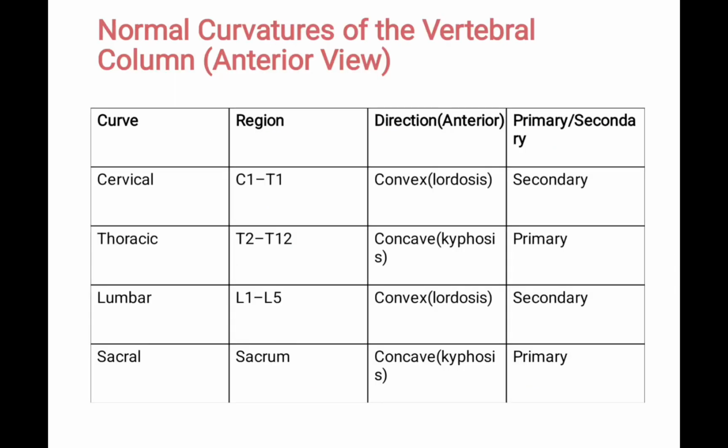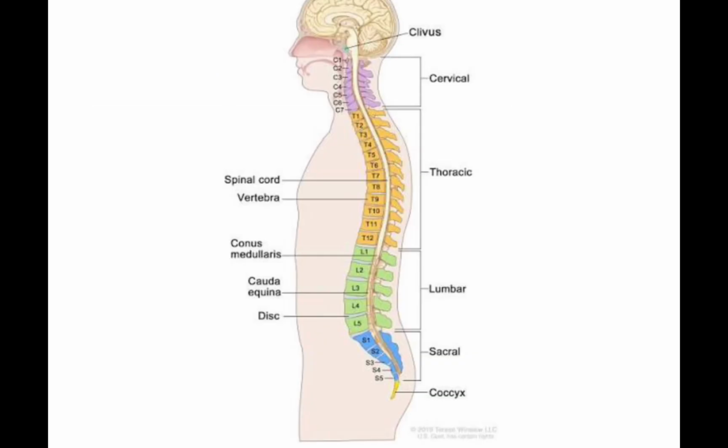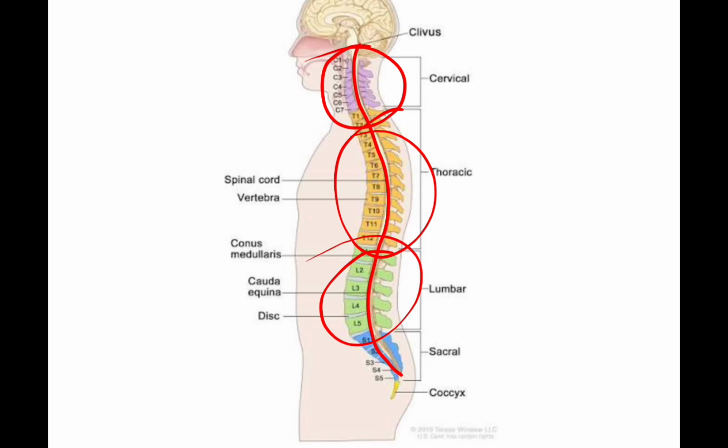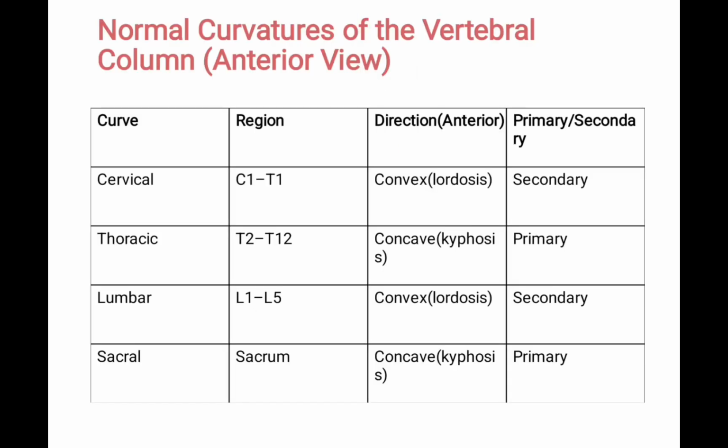So, the normal curvatures of the vertebral column. If you look at this image, you see that the vertebral column is curved. We have a curve around the cervical part, the thoracic, the lumbar, and the sacral. Looking at it from the side, the cervical is convex anteriorly, then the thoracic is concave anteriorly.